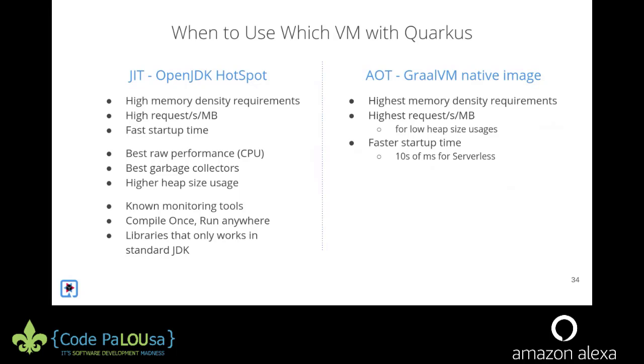If you're looking for the highest memory density for your applications, then the native image is the way to go. So anyway, you can see the different use cases for each one of the HotSpot or the Graal-based native image compilation.